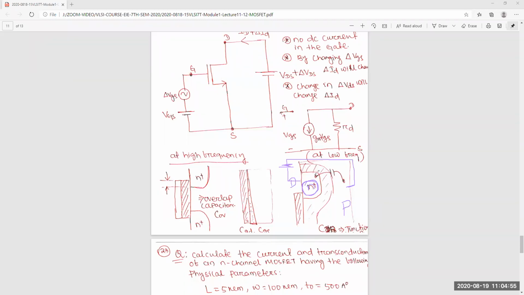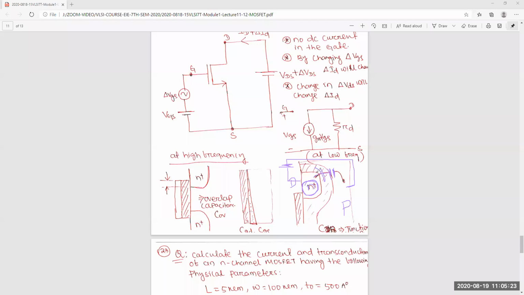Due to that depletion region, it's like an isolation region. This is N, so there is a reverse junction capacitance between these two. And that also depends upon your reverse bias voltage. If reverse bias increases, what happens?